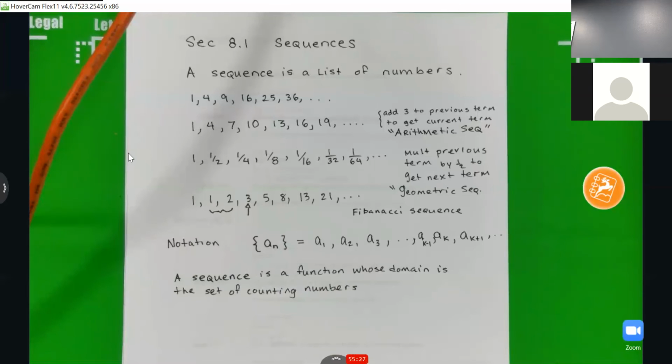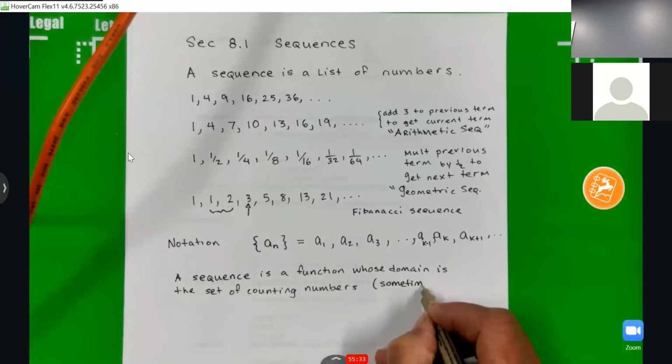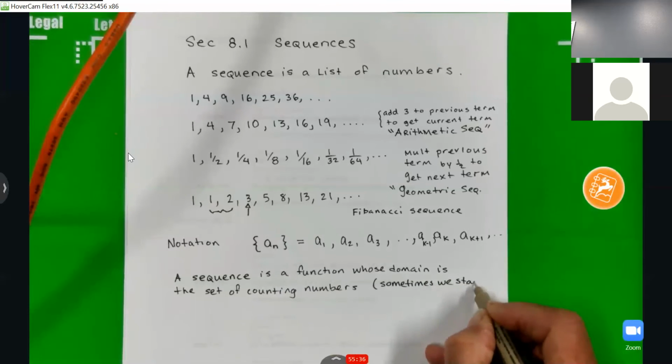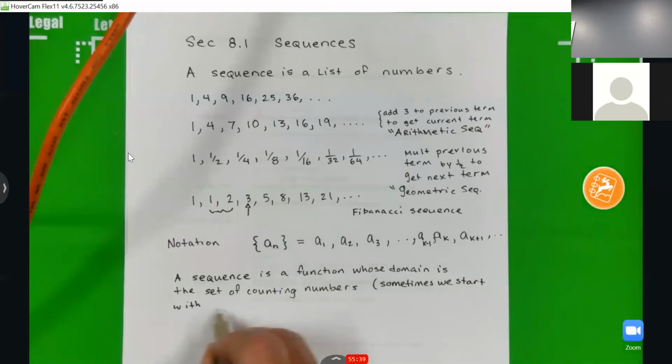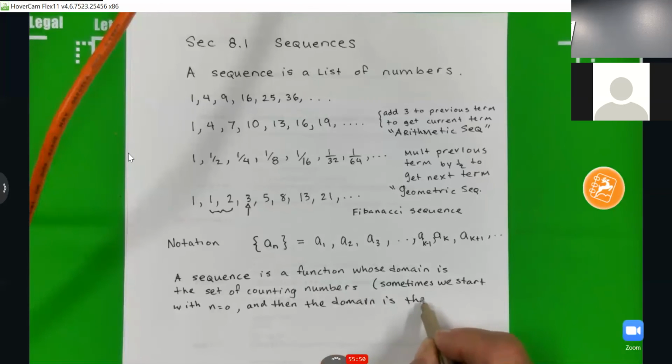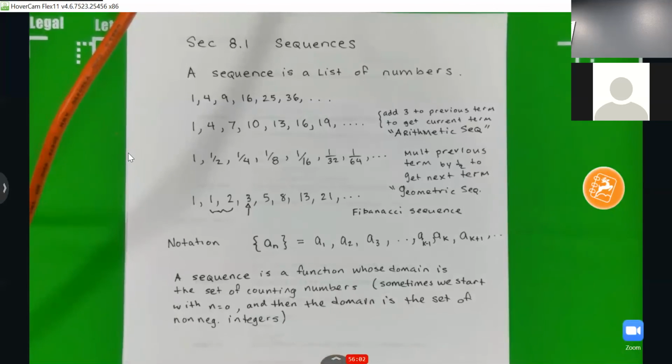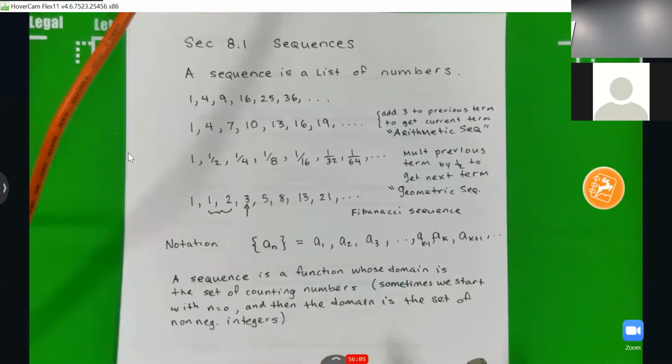I should say the non-negative integers. So sometimes we use the non-negative integers. But anyway, we take either the counting numbers or the non-negative integers and we pair them up with a value, some real number. Usually positive, doesn't have to be.